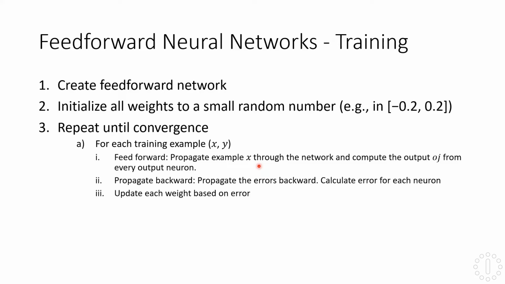And then we propagate this error backwards. So we look at the output. If this is wrong, we propagate this error backward through the network. For each neuron, we want to know how far away it is from the value it needs to have to give us the correct result. And then based on this error, we want to update each weight so that we get closer to the correct classification.